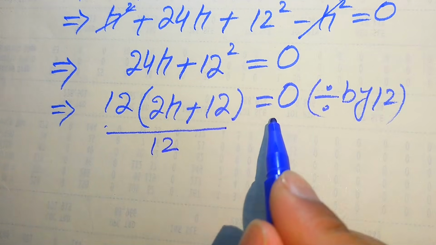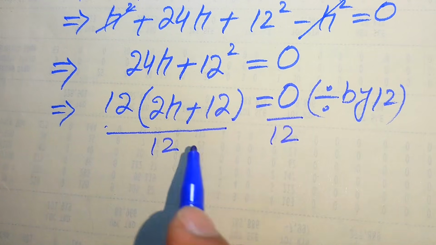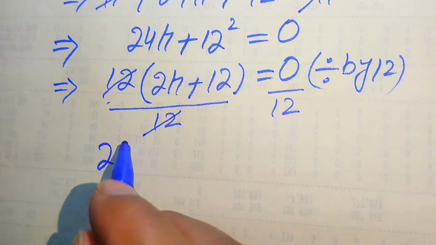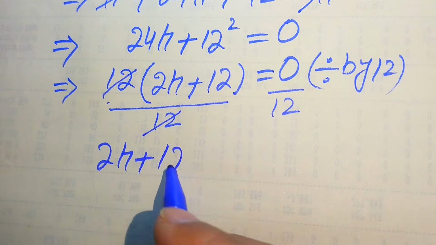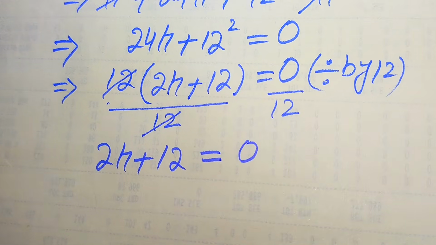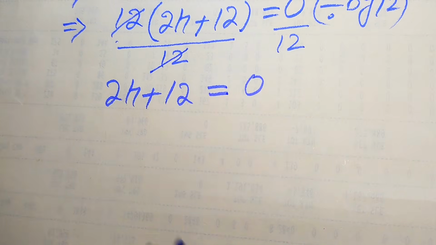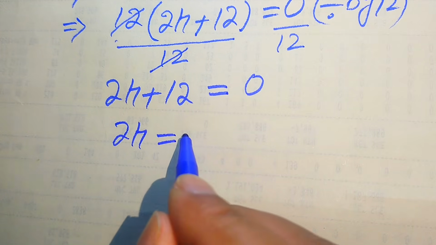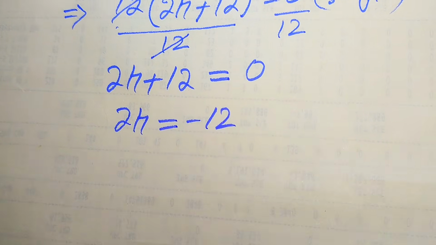When we divide by 12, it will be written in this form. This 12 and this 12 cancel each other out, and we obtain 2h plus 12 is equal to 0 divided by 12, which is 0. In the next step, we move this plus 12 to the right hand side, and it becomes minus 12.